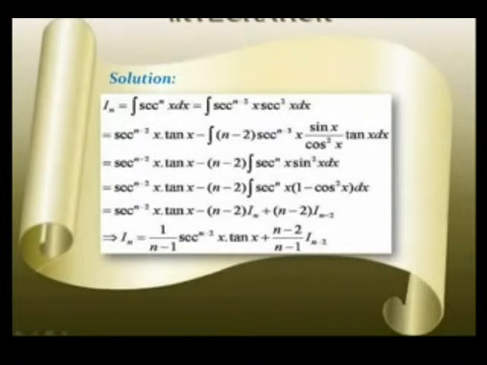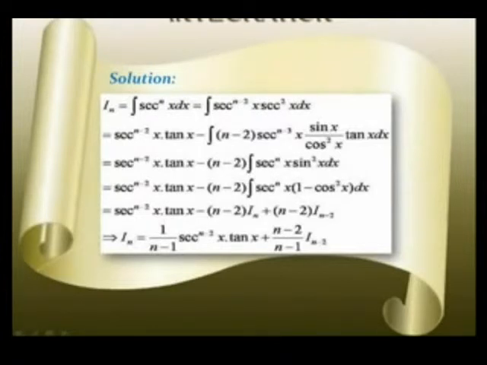So this further reduces to sec x to the power of n minus 2 into tan of x minus integral of, we differentiate this function to get n minus 2 into sec x to the power of n minus 3 into sin x by cos square x into tan x. This is because the differential of sec x is sec x into tan x.